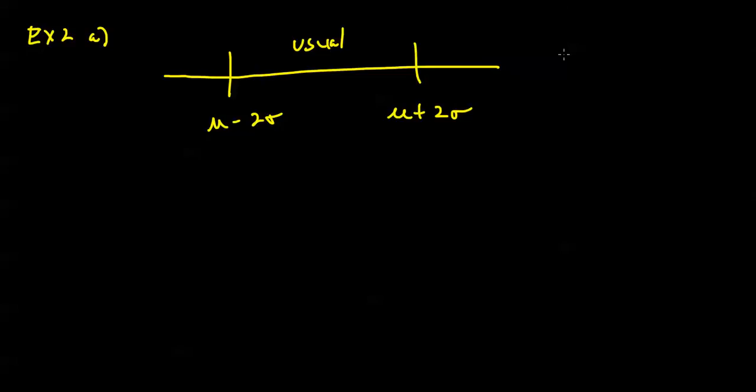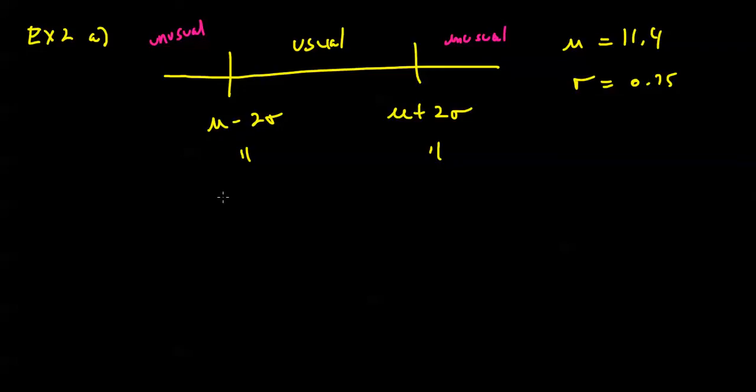Well, we've already recorded mu as 11.4 in example 1 and sigma as 0.75 in example 1. So I claim values between these limits are going to be usual, and anything beyond, high or low, is going to be unusual. Okay?